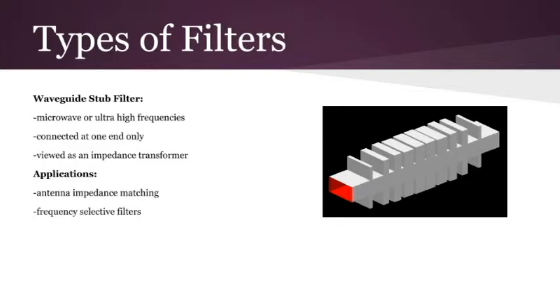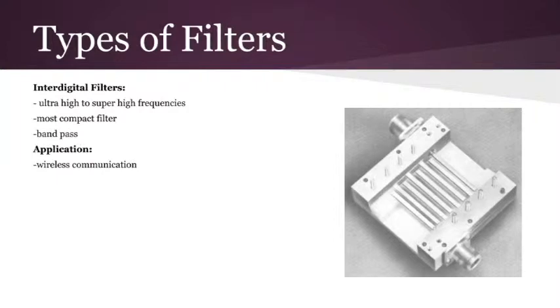They're also used for frequency-selective filters, such as low-pass, high-pass, band-pass, and band-stop. Here we have an interdigital filter. They are used in ultra-high to super-high frequencies and is the most compact filter. It serves as a bandpass filter and is required mostly for refining signals in Ethernet and wireless communication, especially to keep up with new fiber optic technology.